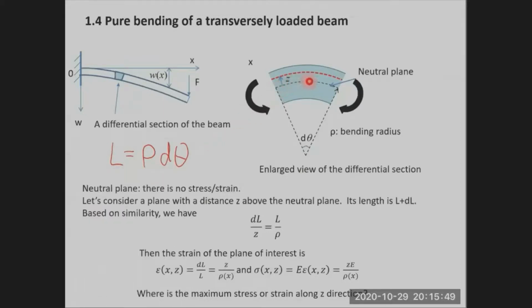It is equal to rho, the bending radius, times this angle, so it's equal to rho d theta. And for this plane above the neutral plane, its length is increased to L plus dl. This dl is the change of length.